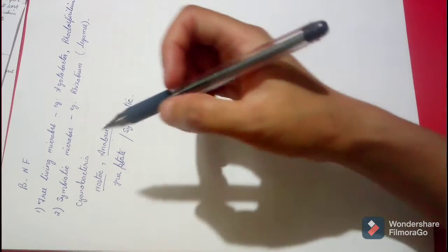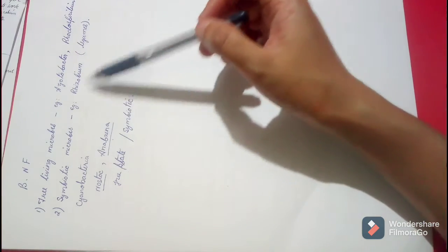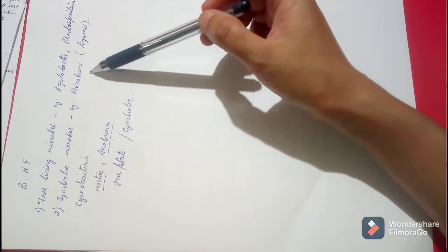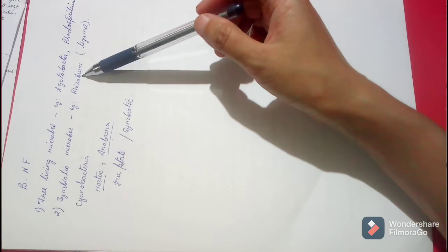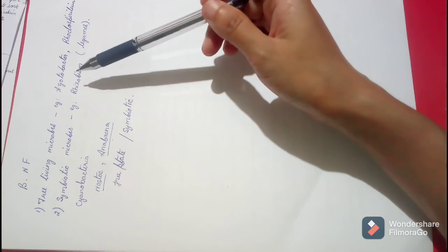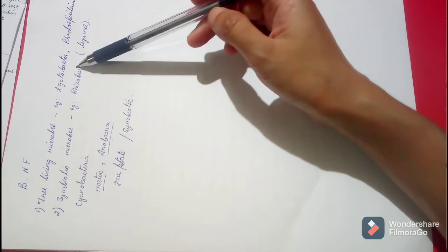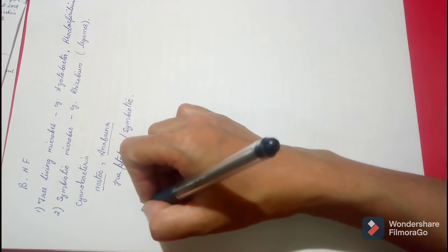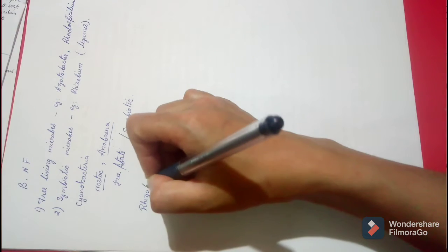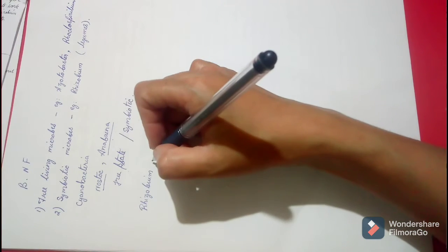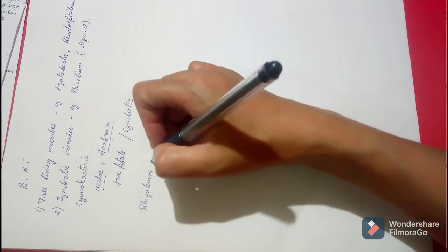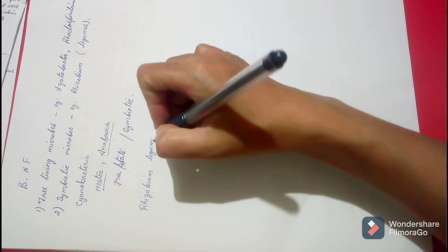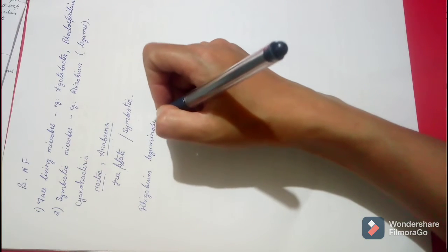So now let us talk in detail about Rhizobium, because Rhizobium performs a very important function in fixing the atmospheric nitrogen. One of the species of Rhizobium which forms a symbiotic relationship with the leguminous plants is Rhizobium leguminosarum.